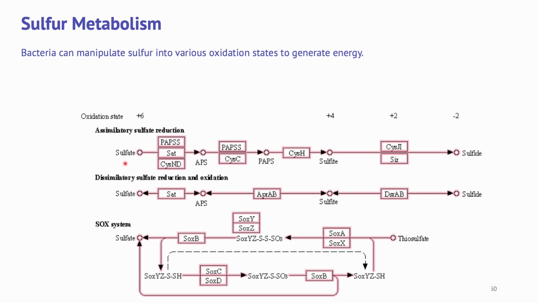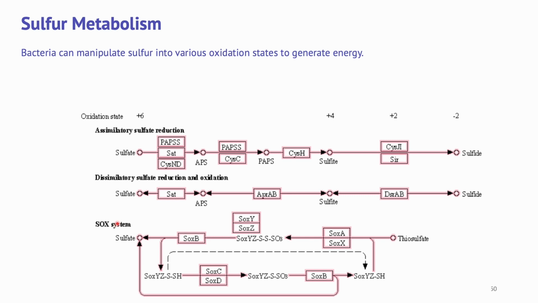This is a reductive process. Or the SOX system, which is what you see a lot in sulfur oxidizers, where they can take thiosulfate, which is an ingredient that you'll be able to play around with in the lab, and they can use that for energy, and they can also convert it into different types of sulfate.